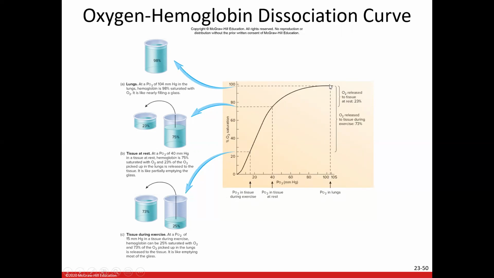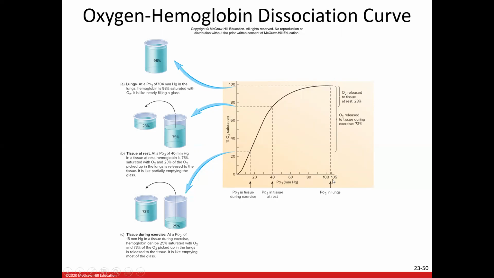We're at pretty much 98% saturation. They give a little example with the beaker over here. If the oxygen is sort of like a liquid, the glass is the total amount of saturation, and we have 98%. So at the 104 partial pressure in the lungs, 98% of those hemoglobin molecules have oxygen bound.